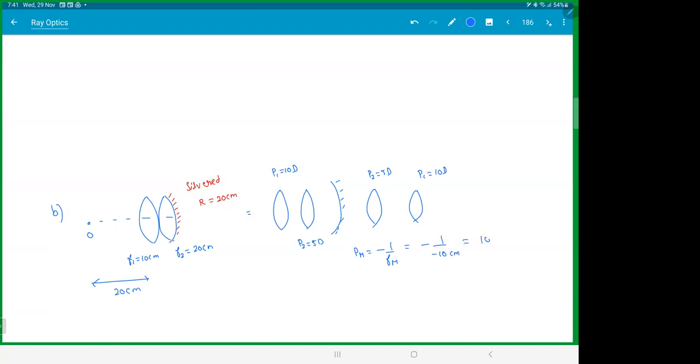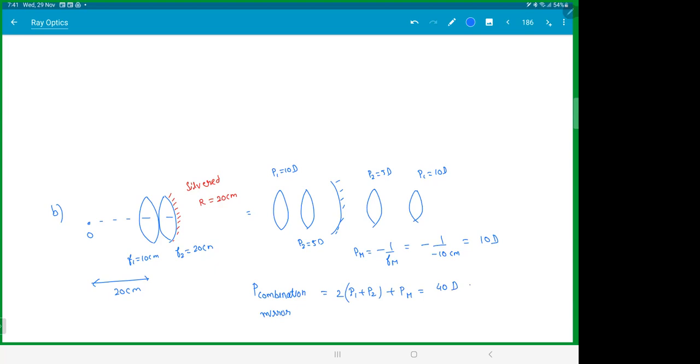So that would be 10 diopters. So the power of this whole combination, which will act as a mirror, will be P1 plus P2 two times plus 1 mirror: 15, 15, 30, 40 diopters.